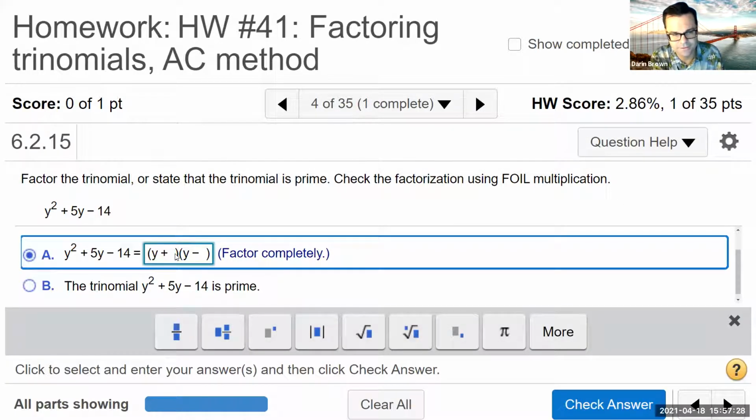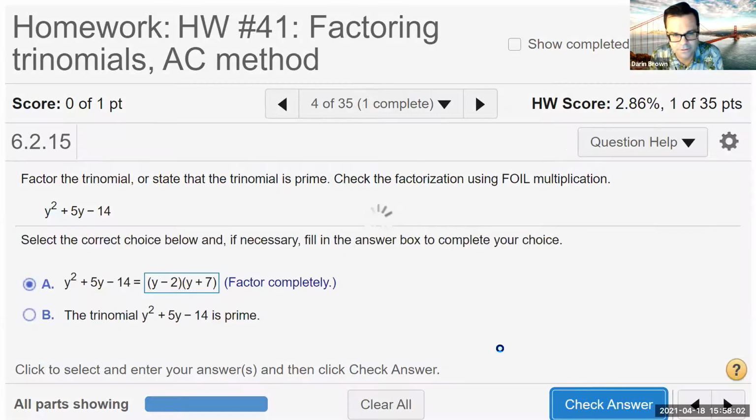If I were to do y plus 2, y minus 7, the problem is my middle term does not match in its plus-minus sign. This foils out to y squared minus 5y minus 14. I want it to be positive. So you can think of it as either switching the numbers or switching the signs: y minus 2, y plus 7. Now you've got 5y for the middle term instead of minus 5y.